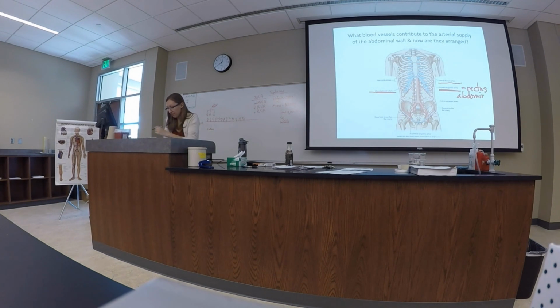Okay. We also have the inferior epigastric artery coming up from a branch of the external iliac artery. So that branches off out here. And it actually anastomoses with the superior epigastric artery. So here's another anastomosis.